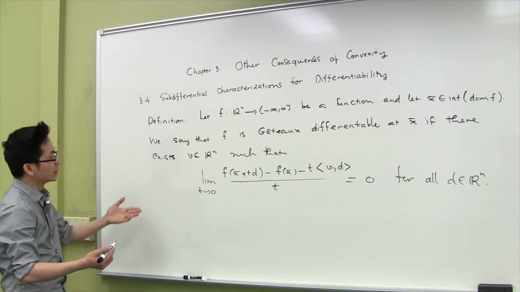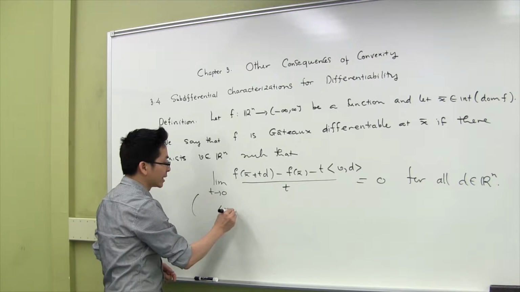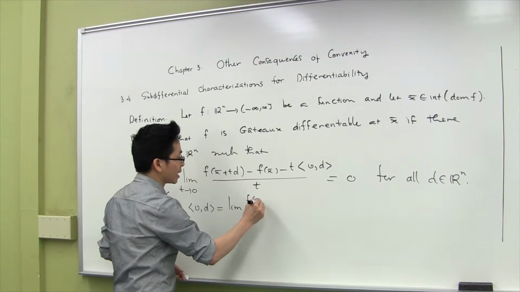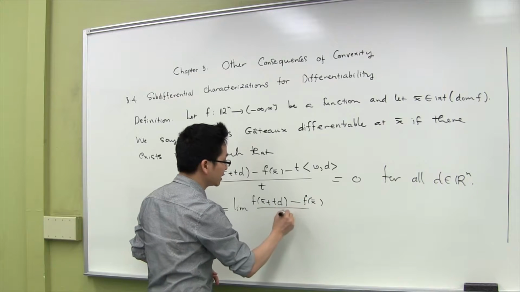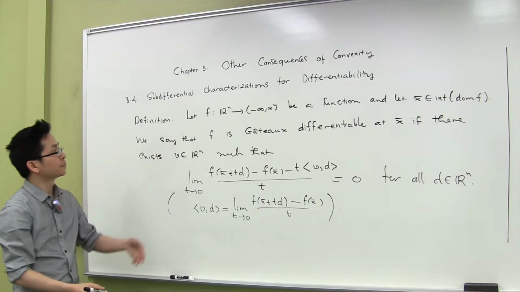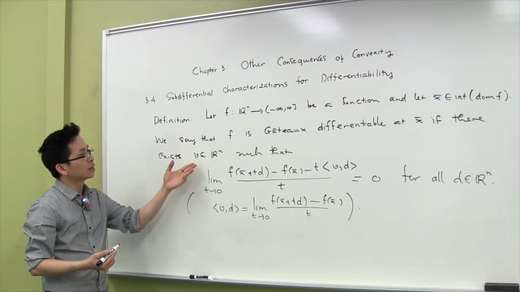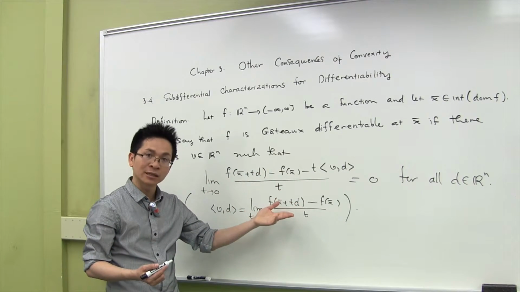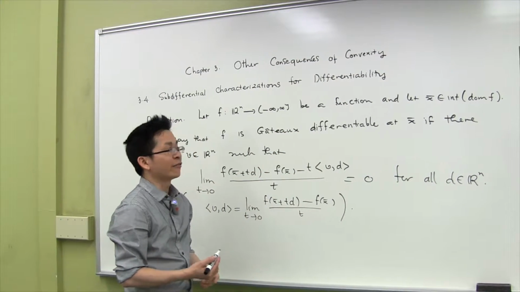Now, in this situation, we can see that the inner product of v and d is equal to the limit of f of x bar plus t times d minus f of x bar over t as t approaches 0. If f is Gateaux differentiable at x bar, we can show that the element v that satisfies this definition is unique, and it is called the Gateaux derivative of the function f at x bar.